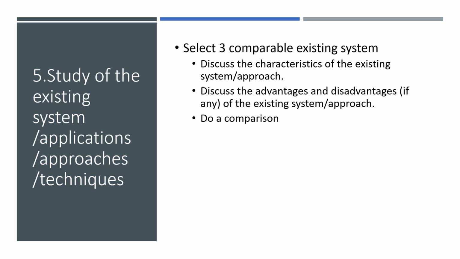For example, if your product is for homestay booking, you need to find a similar system like hotel reservation or chalet reservation, and not car reservation, because the subject is different.